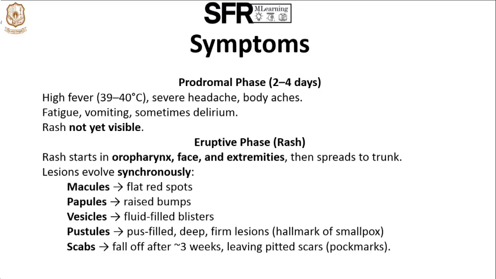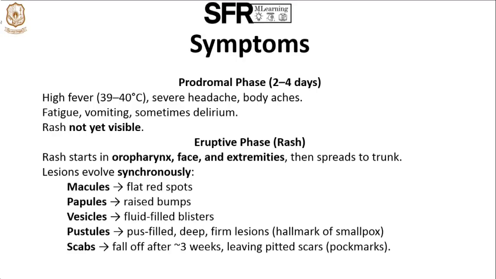Coming to the symptoms, it causes two phases, the prodromal phase and the eruptive phase. The prodromal phase extends up to 2 to 4 days. In this phase, the patients have high fever, 39 to 40 degrees Celsius, severe headache, fatigue, vomiting, and sometimes delirium.